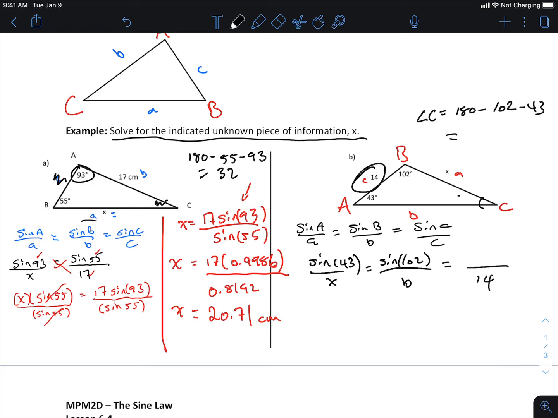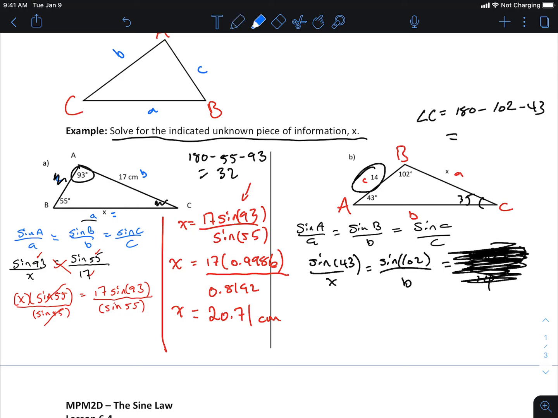Okay. Now I can write sine of 35. If I had stopped and not written sine C over C, would I be able to do this question?